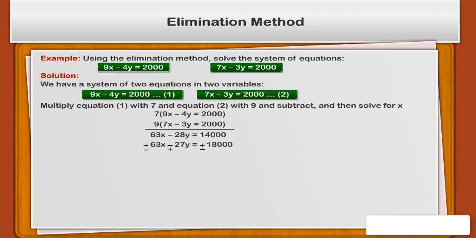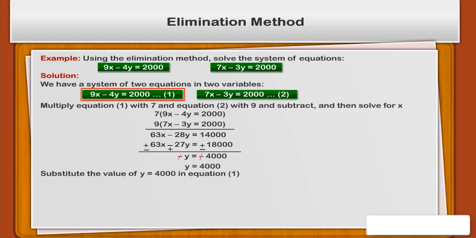Then subtracting the resulting equations, we get minus y is equal to minus 4000. By cancelling minus signs, we get y is equal to 4000. Substitute the value of y is equal to 4000 in equation 1. So 9x minus 4 into 4000 is equal to 2000.